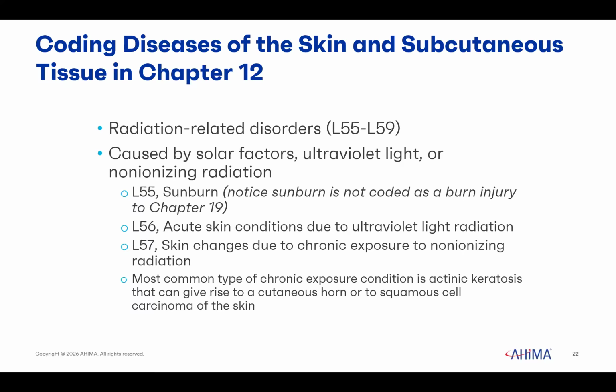We can get acute skin conditions due to ultraviolet light, non-ionizing radiation, these kinds of spots, the actinic keratosis that we sometimes see in older adults with a lot of exposure to the sun. These can be considered precancerous and lead to squamous cell carcinoma.